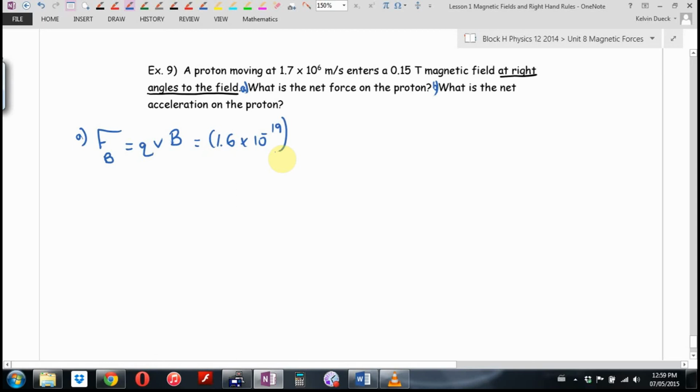If you said 7, I think you were giving me a mass in there somewhere. Okay. V, 1.7 times 10 to the 6th. B, 0.15 Teslas. That's a big magnetic field. How many newtons of force?